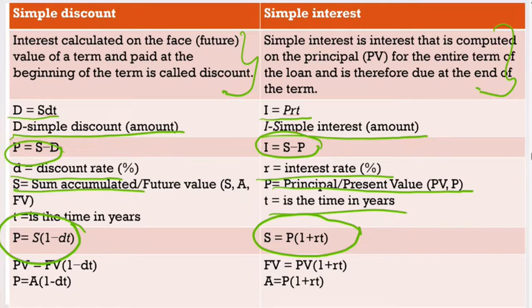Because it is easy for one to use this formula when they are asked for a discount. Okay, why am I saying that? It's easy to say your simple discount is S is equal to P into 1 minus RT or DT. Okay, can you see, Guti? These formulas are not the same.